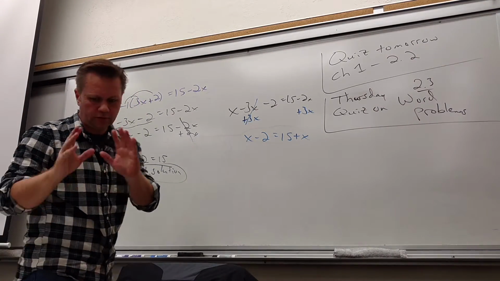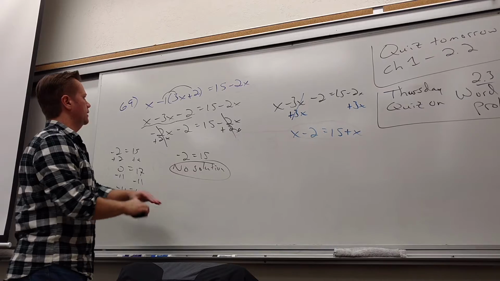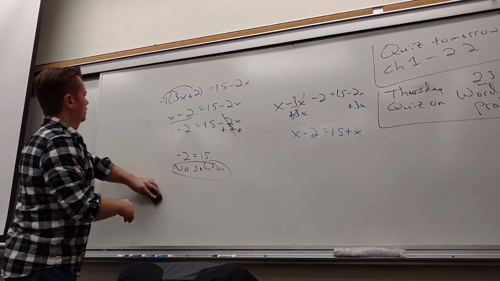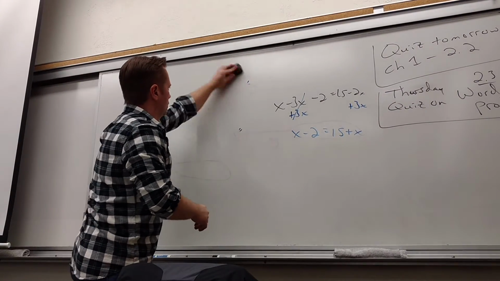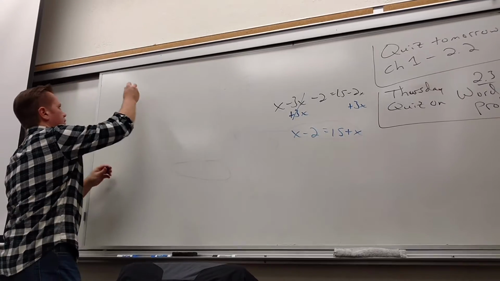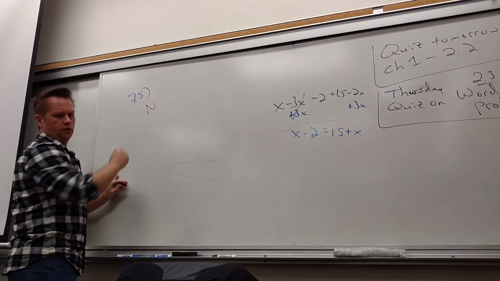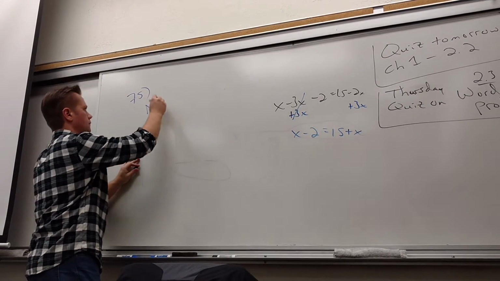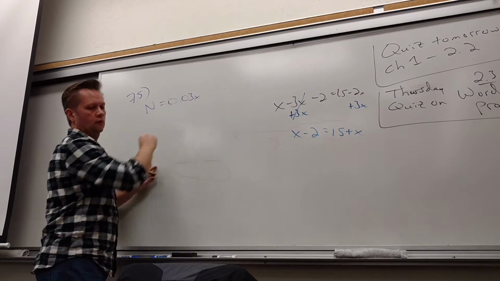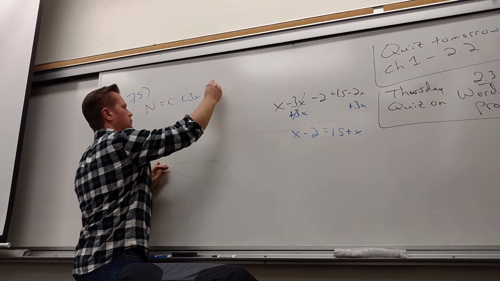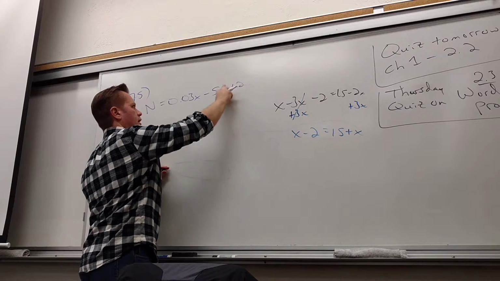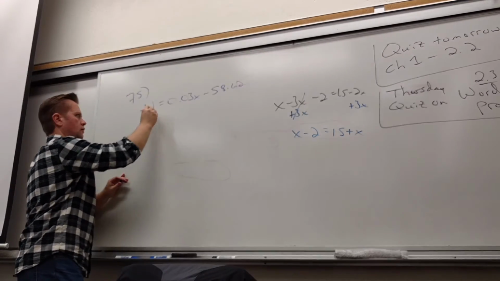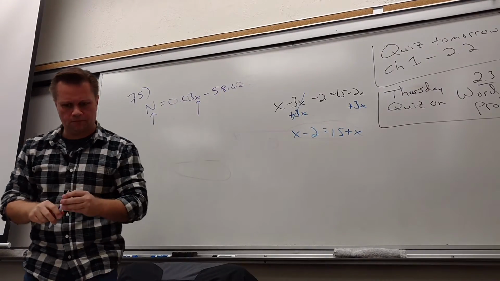Okay, let's look at 75, because 70 is the exact same thing. 75 says, they give you this formula. So somebody with a book, help me out. What does N mean? And what does X mean? What's N mean?